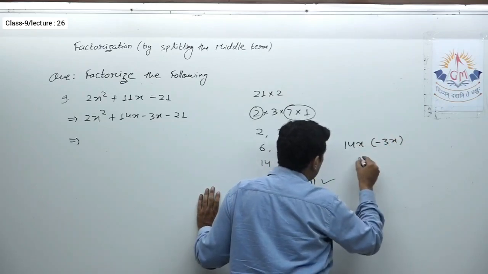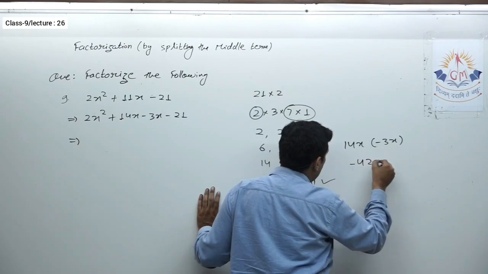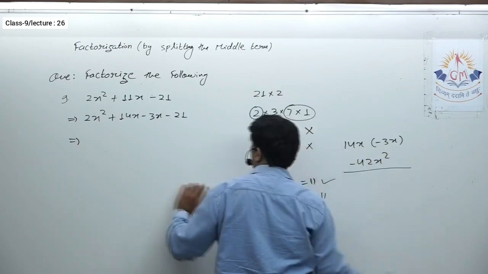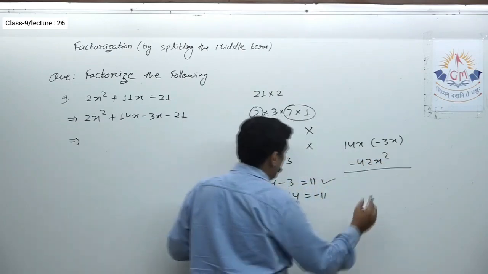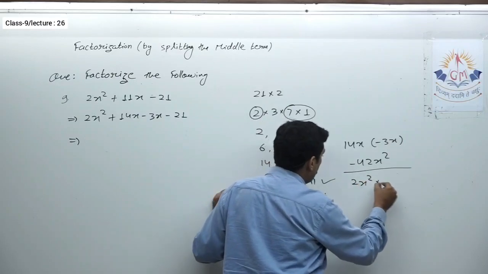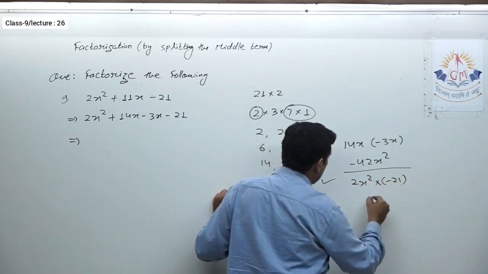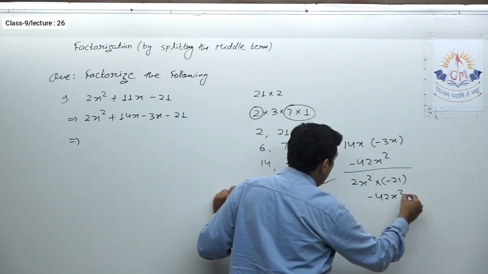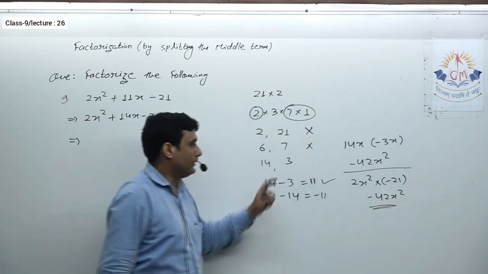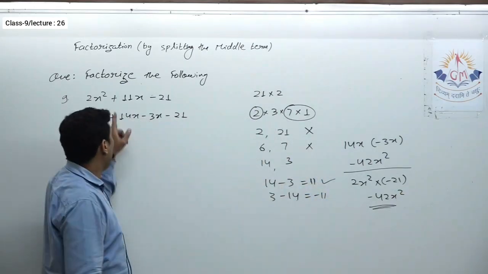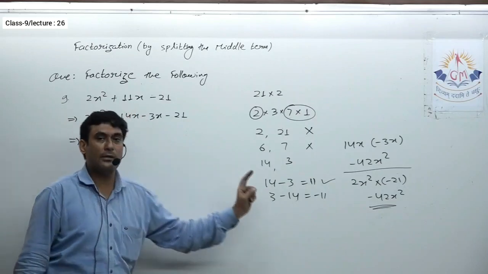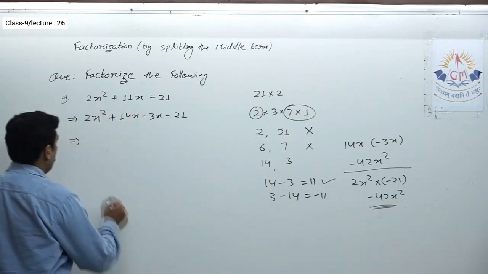Their product is minus 42x square. Now multiply the first one and the last one, that is 2x square and minus 21, that is minus 42x square. So their product is the same. As well as their sum is this, it means we are on the right track.